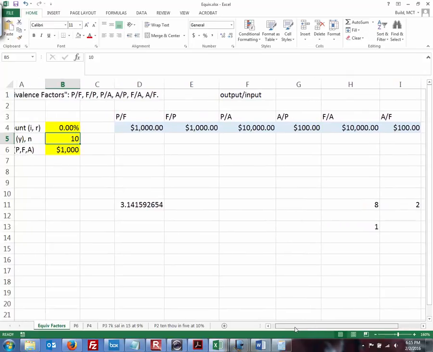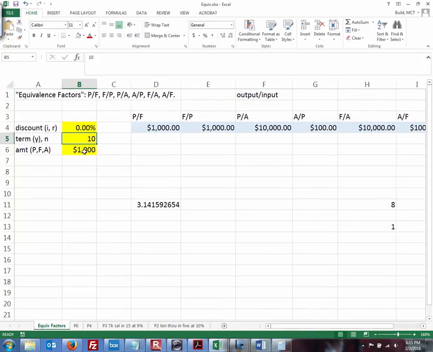If this is $1,000 now, and there's no interest on it, it's going to equal $1,000 in the future. That's all it means. It also means that if I've got $1,000 now, remember this is the input, I need $100 a year back to call it even. So that was my $5 and $2 thing.